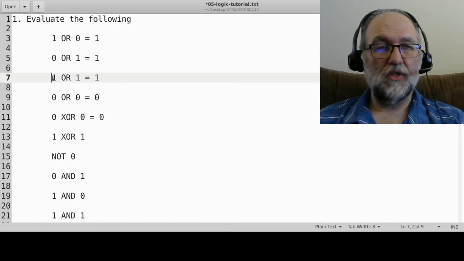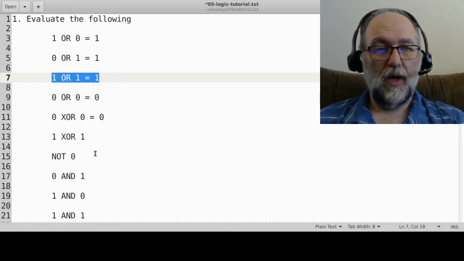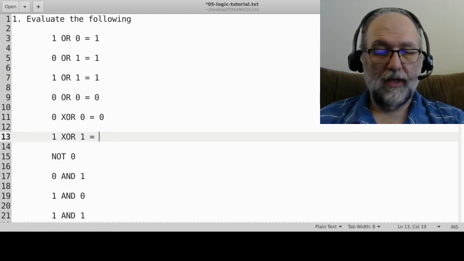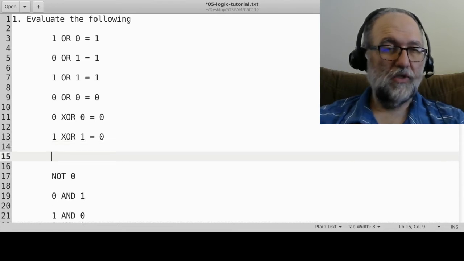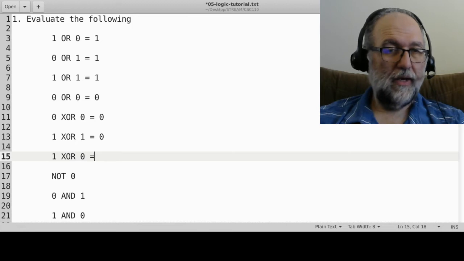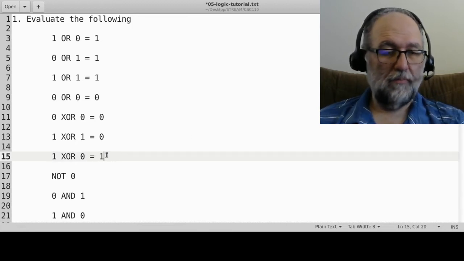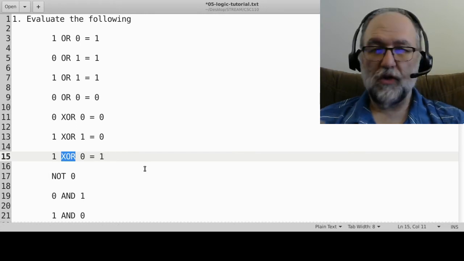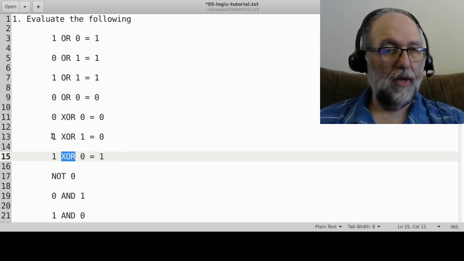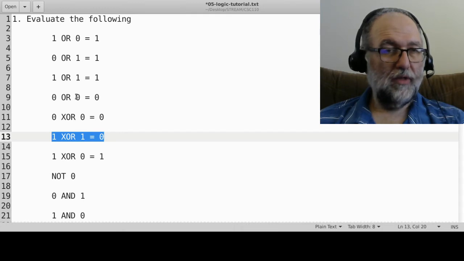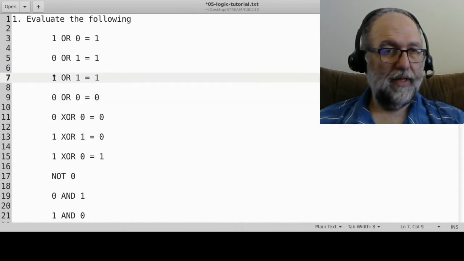Nope, because this is the only place where they differ. 1 or 1 is equal to 1, whereas 1 exclusive OR 1 is equal to 0. Maybe I'll add in another one here. 1 exclusive OR 0 is equal to 1, because if at least one of the two is a 1, it's a 1, just like an OR in that respect. This is the only place where it differs. Otherwise they're the same.